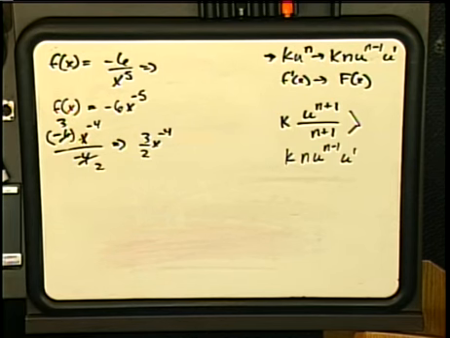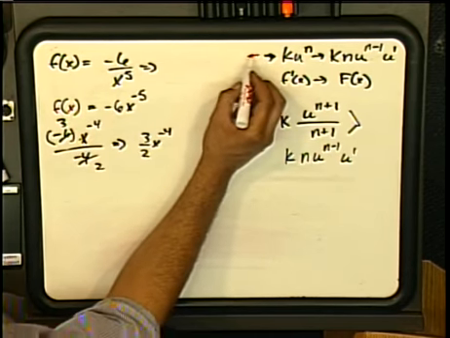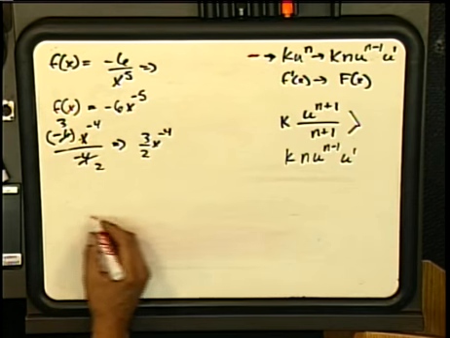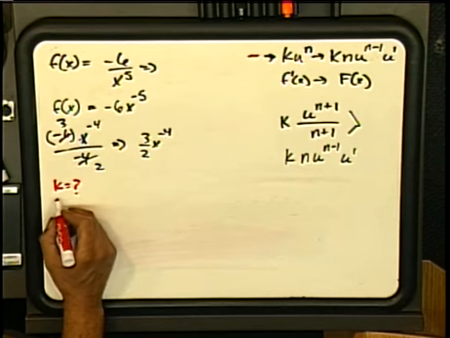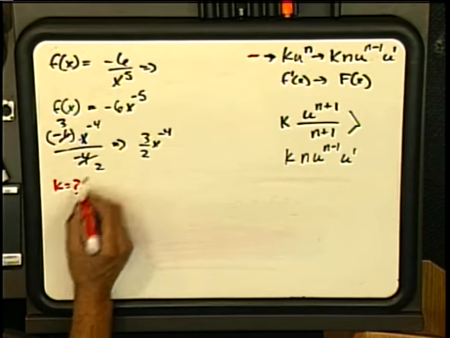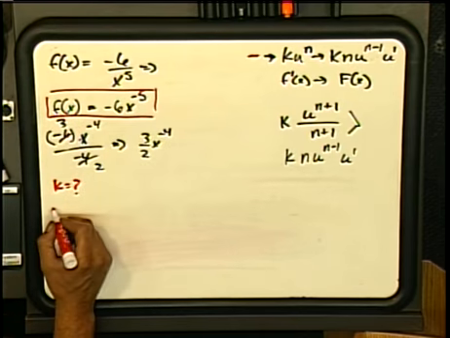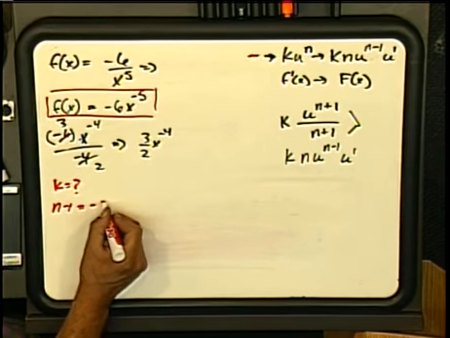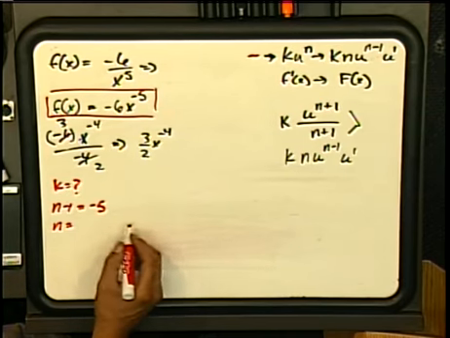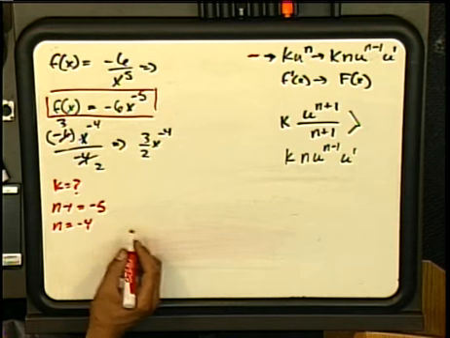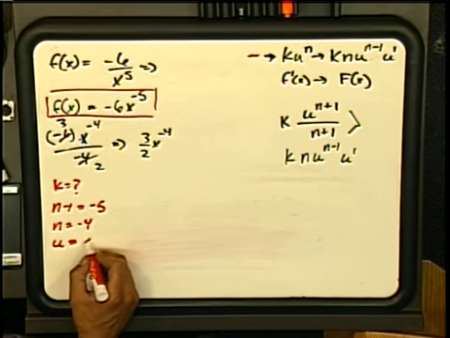So the other method would be using this, and we're looking for k. This is our problem, they give us n minus 1. So that means n equals negative 4. And u equals x.